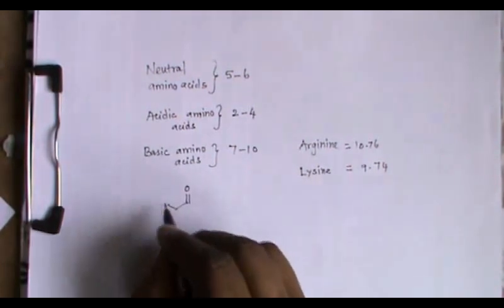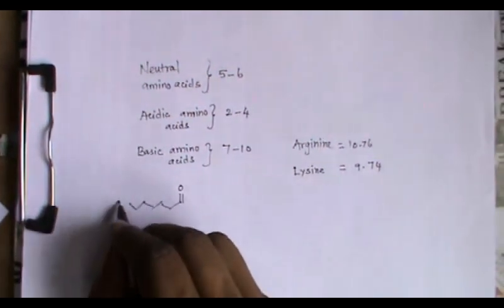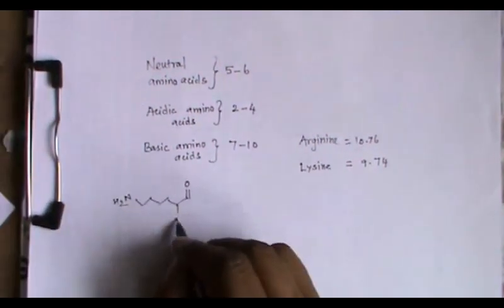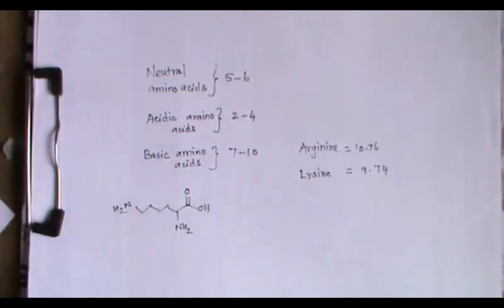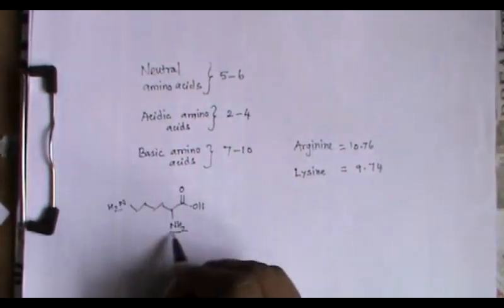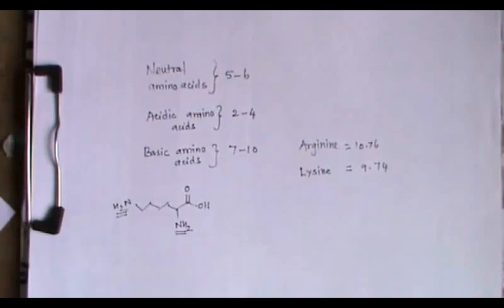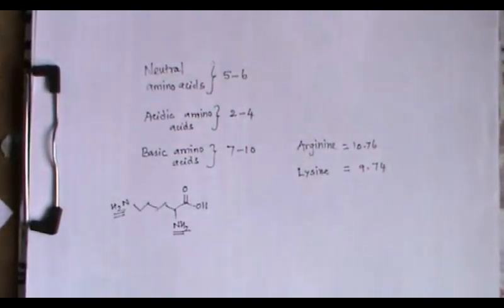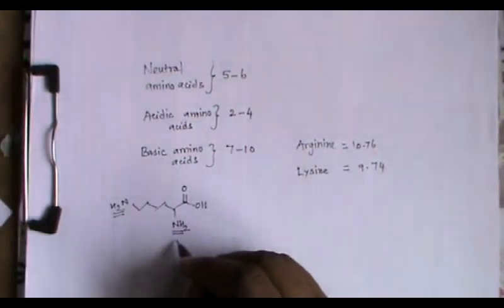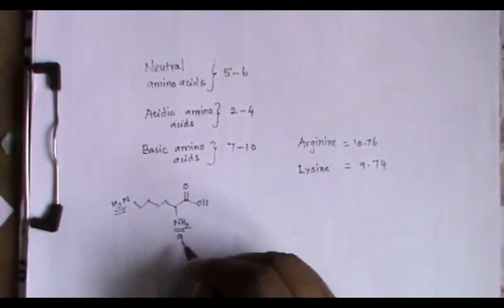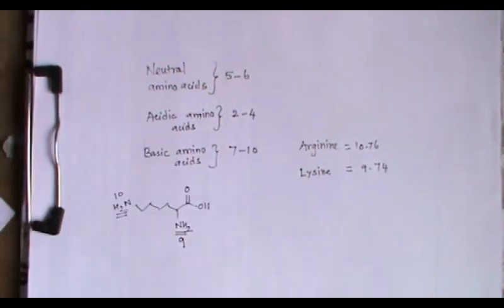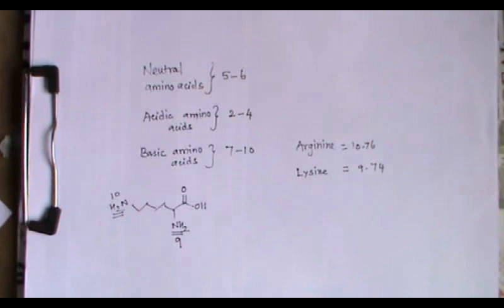For example, let us consider lysine. These two are more or less the same. The pKa value of this will be around 9 and this one will be around 10. There is not much difference.